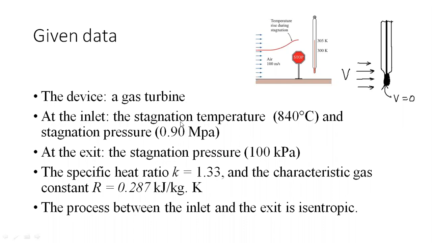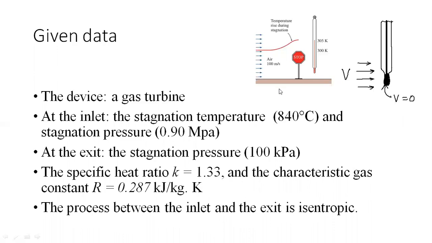At the inlet, the stagnation temperature is 840 degrees centigrade and the stagnation pressure is 0.9 megapascal. At the exit, the stagnation pressure is 100 kilopascal. The specific heat ratio is 1.33 and the characteristic gas constant is 0.287 kilojoule per kg Kelvin. The process is isentropic between the inlet and the exit.